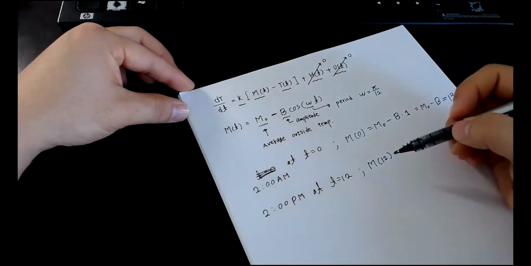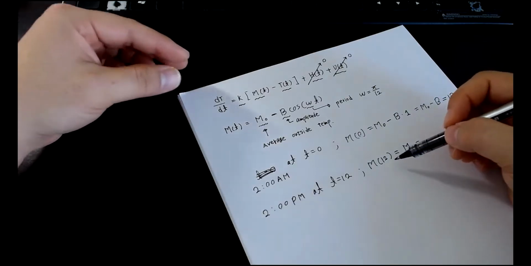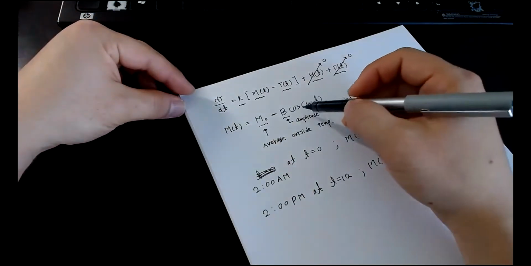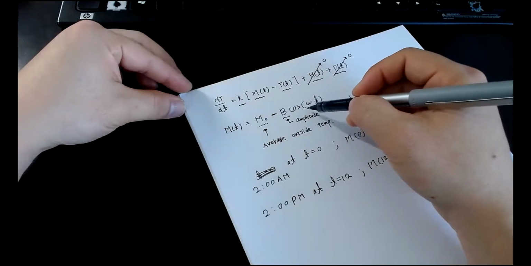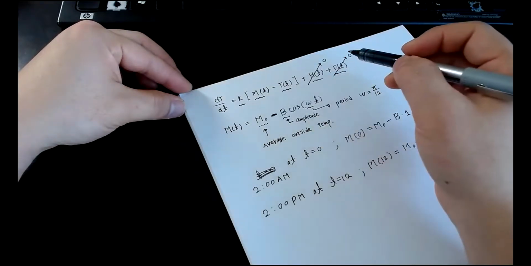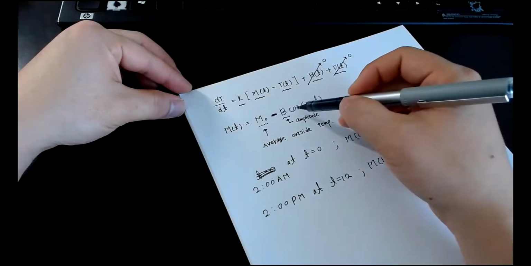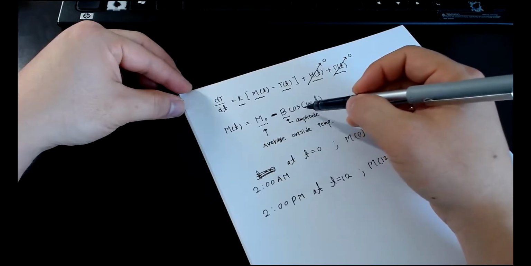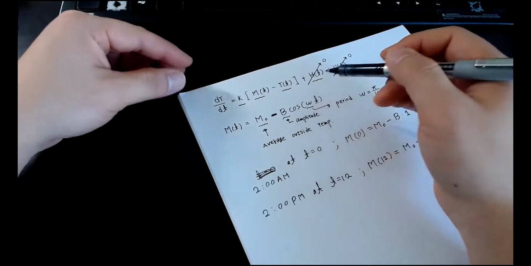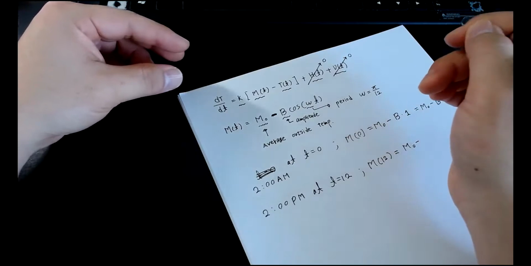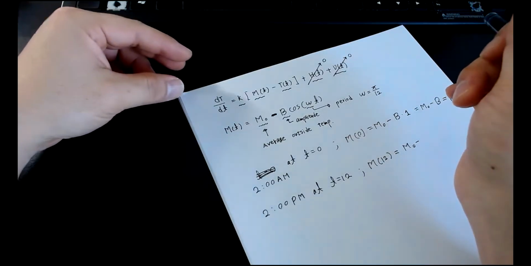Then m of 12 should have its maximum value, which means cosine should have its minimum value because of the negative sign. So when does cosine have the minimum value?